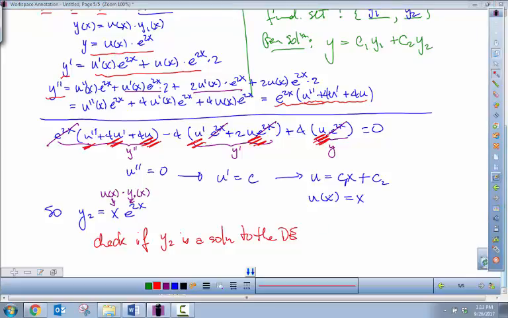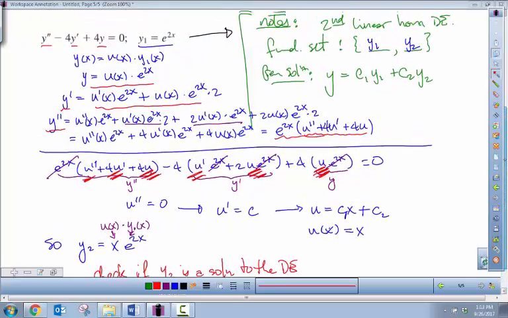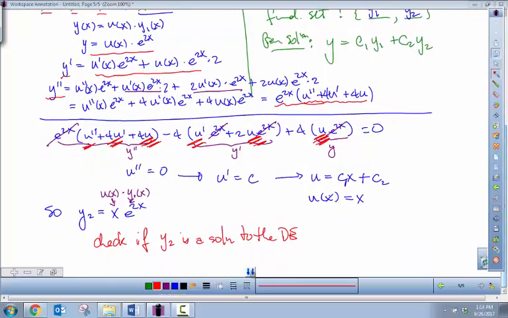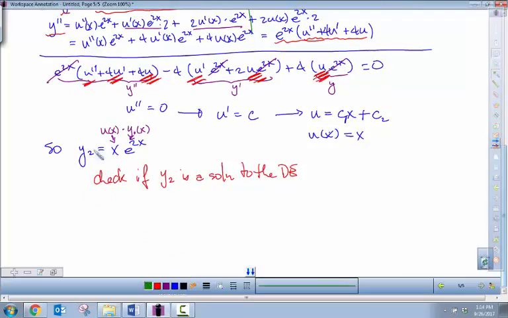Again, the differential equation is y double prime minus 4y prime plus 4y. We need to take a couple of derivatives. y prime is, oh, another product rule. Derivative of the first times the second plus the first times the derivative of the second. And then we need the second derivative as well.